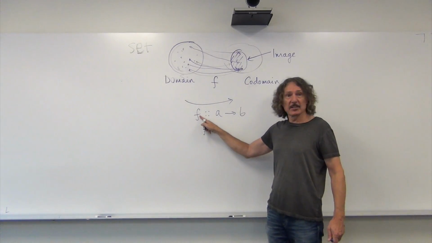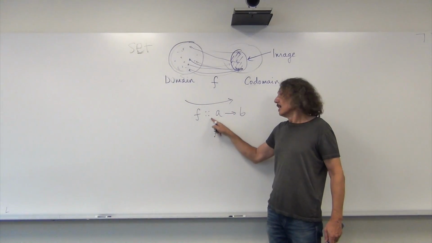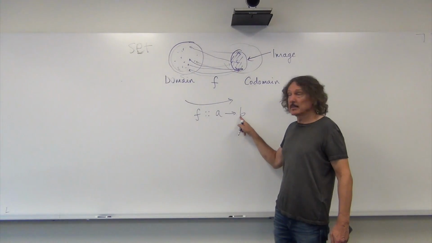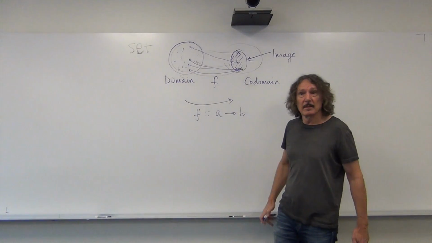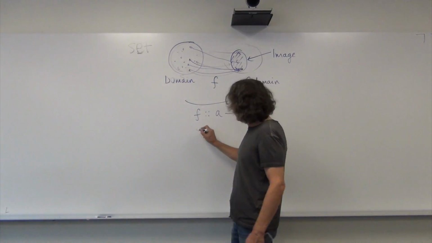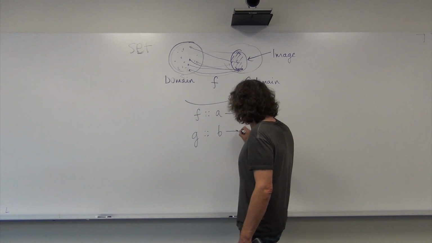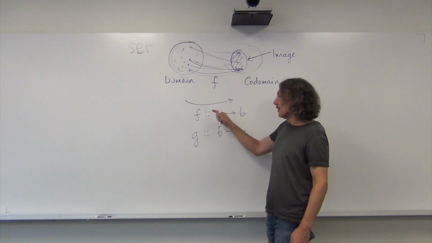So f is a function, double colon means this is the type of function. The type of function goes from A to B, right? So this is set A, this is set B, or type A, type B, okay? So this function is invertible if there is another function that goes in the other direction, from B to A, okay? That's the inverse of this one.